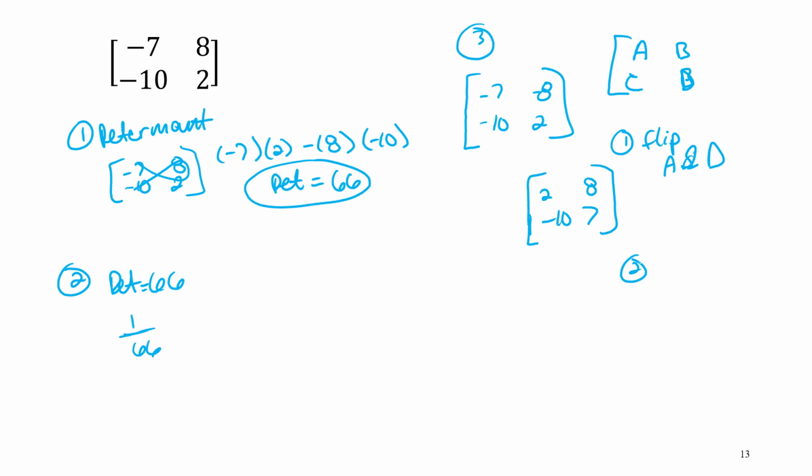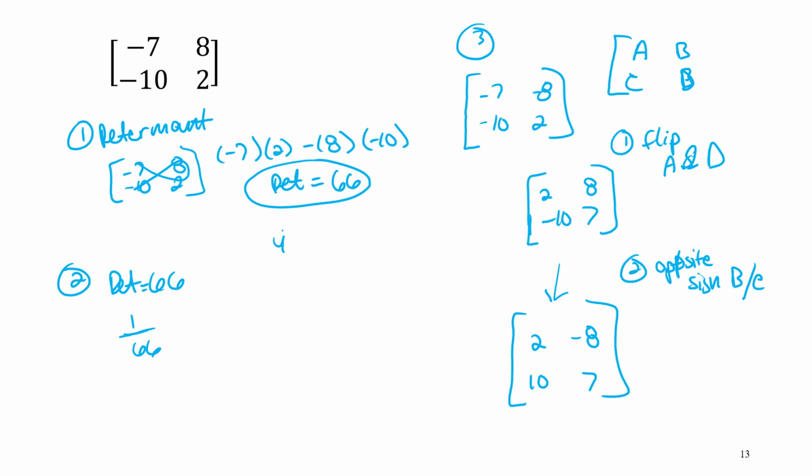And then we're going to flip the opposite signs on B and C. So our new matrix would be 2, -8, 10, 7. And now we're just going to multiply.